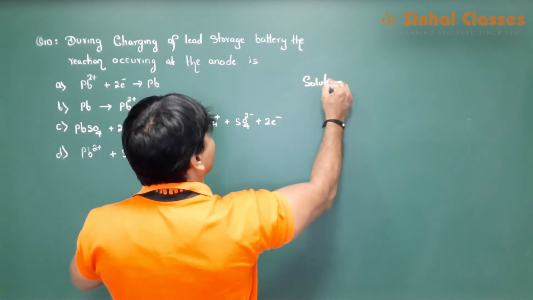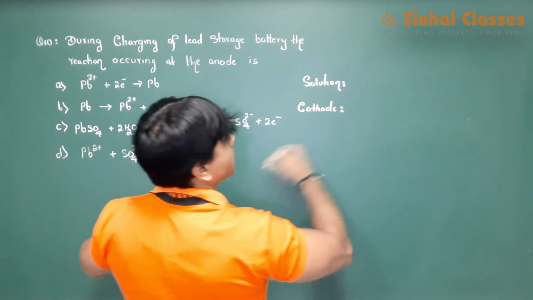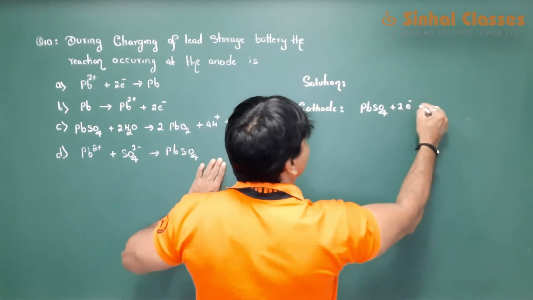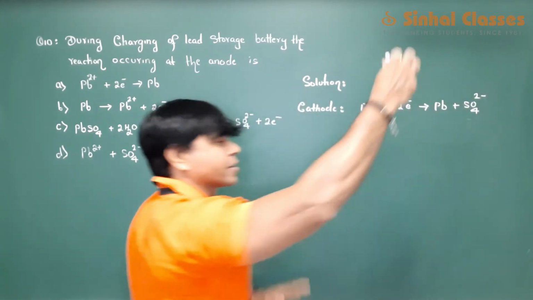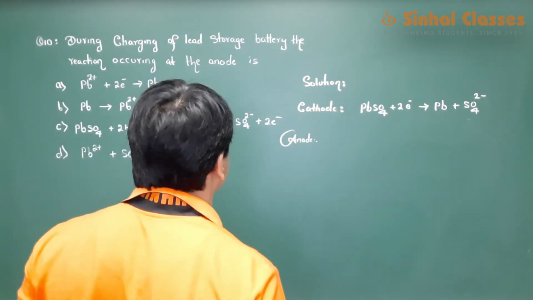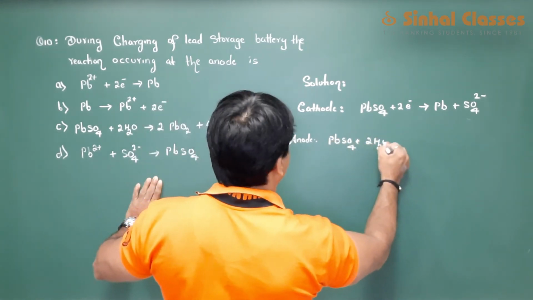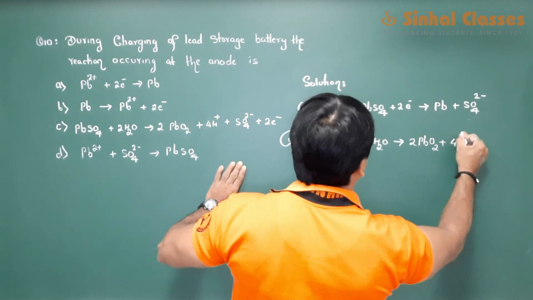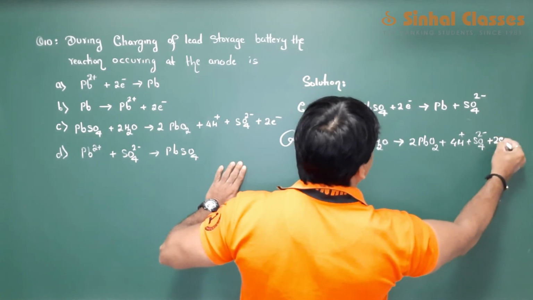Now during charging, the reaction which takes place at the cathode is PbSO4 plus 2 electrons will form Pb plus SO4 2 minus, whereas at the anode the reaction which will take place is PbSO4 plus 2H2O giving us PbO2 plus 4H plus SO4 2 minus along with 2 electrons.